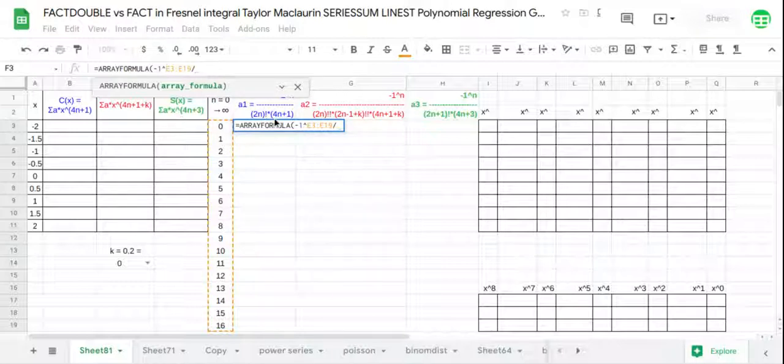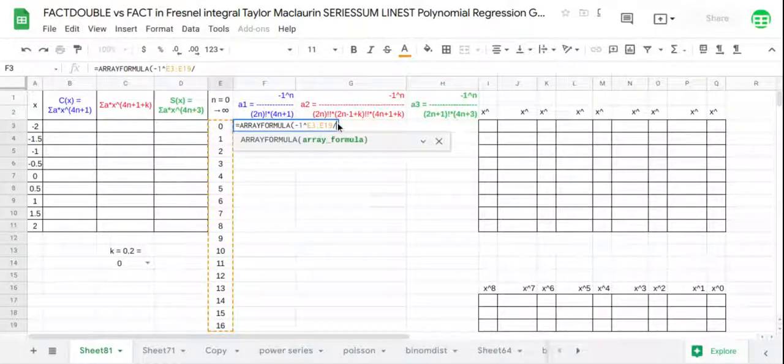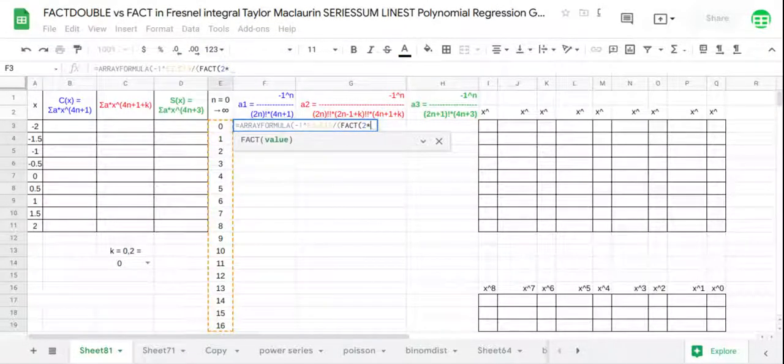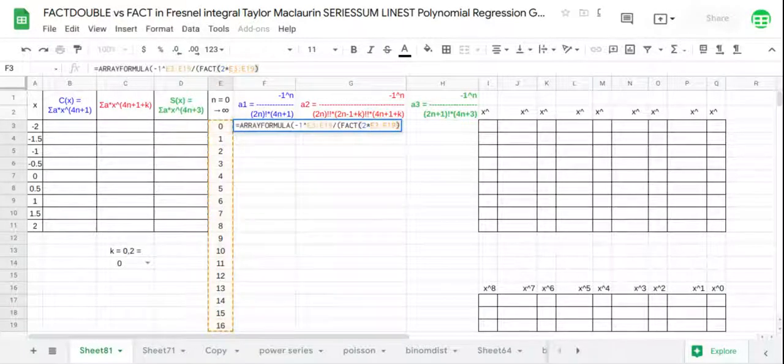So start with the first part, the factorial 2n, 2 times n. That's the first part. We'll copy this n value.